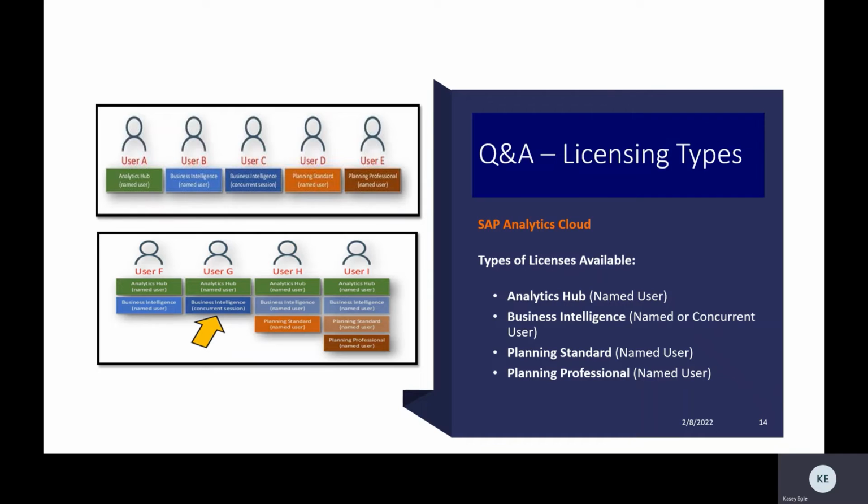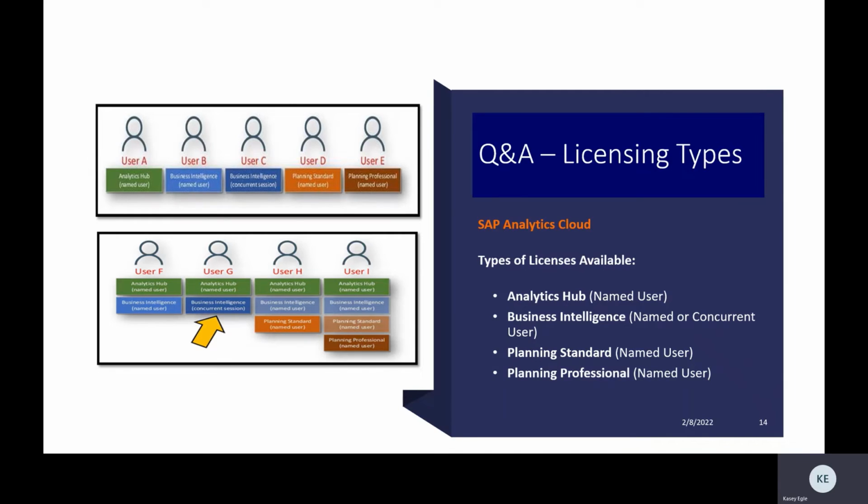Now we will be going into the different licensing types. Starting with SAP Analytics Cloud, there are 4, which are the Analytics Hub, Business Intelligence, Planning Standard, and Planning Professional. Each has different capabilities.